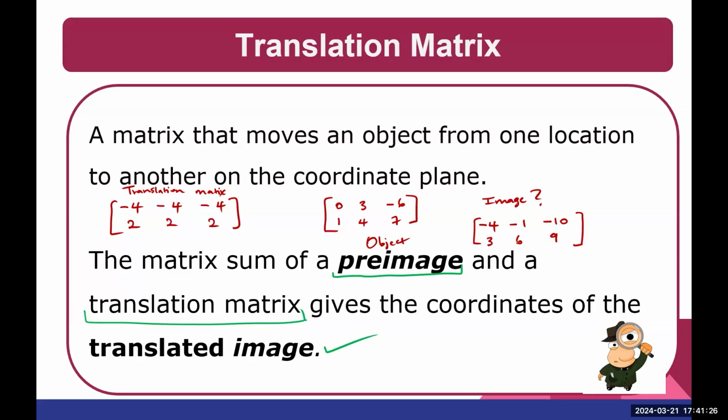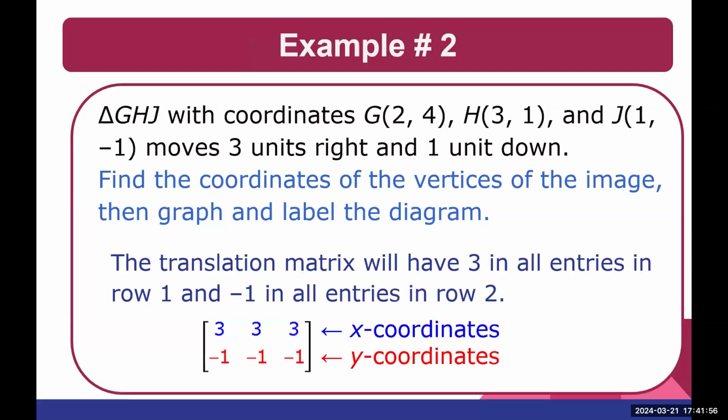Oh, so it's 7 here and 2 here. So it's that simple to get from the object to the image if we're already given the translation matrix or translation vector. And we can reverse engineer, or go from the image, to find the translation vector if needed. So we would simply need to subtract the object from the image to get our matrix.